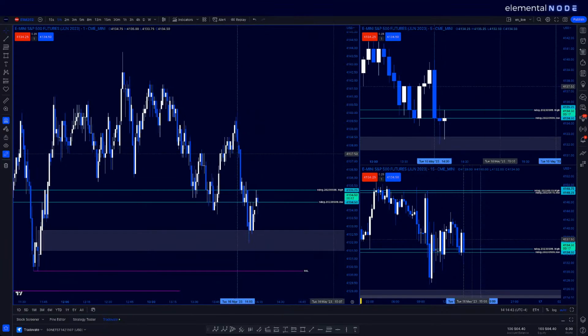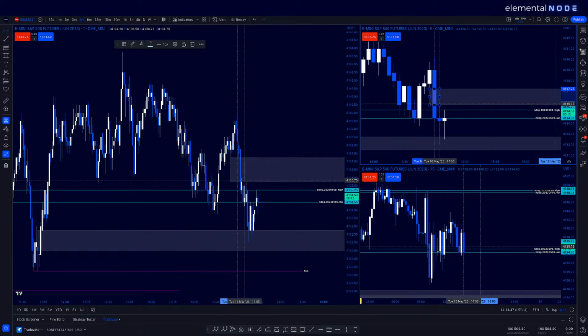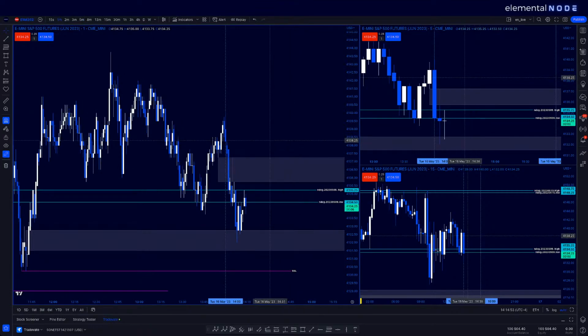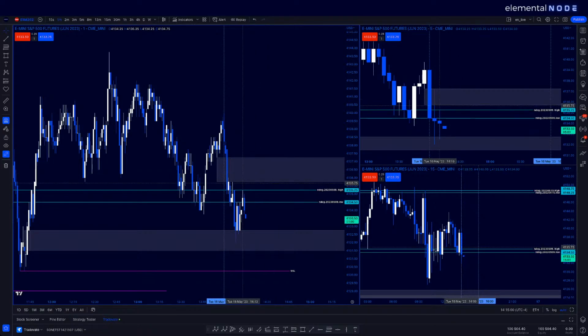We'll go ahead and mark up this imbalance. It would be nice. This may be asking for too much, but it would be nice to retrace into that area. Bring it up there, reprice into that region, and then immediately go down.